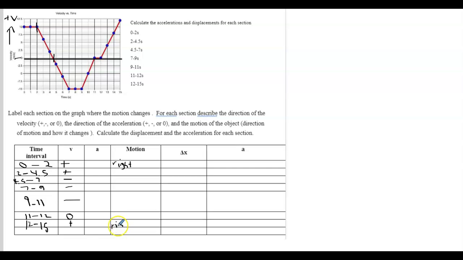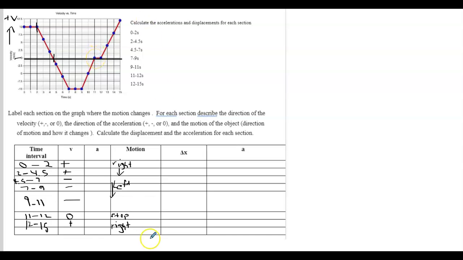So when I write the word right, that just means it's moving right. I'm going to drag that down with an arrow. And then these 3 sections here are all lefts. And if your velocity is 0, that means you're stopped. So we've described what's going on with 11 to 12 completely, because the velocity is 0, so it's stopped.